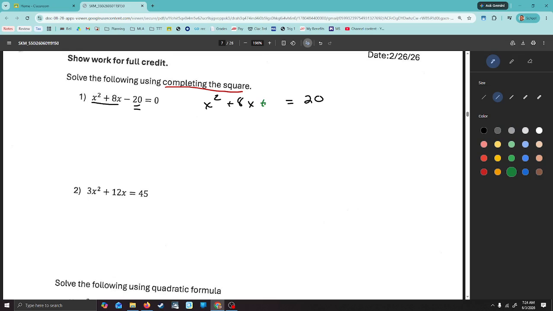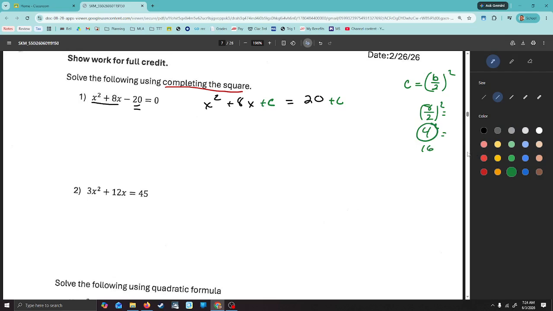Now I'm going to put the perfect letter C here. To get the perfect letter C, you do b over 2 squared. In this case, b is the number in front of x, which is 8. So 8 over 2 squared, which is 4 squared, which is 16.